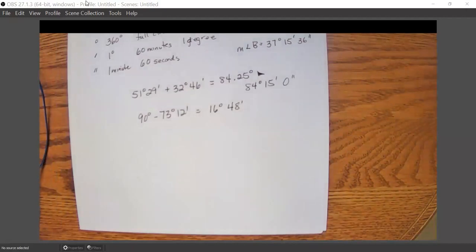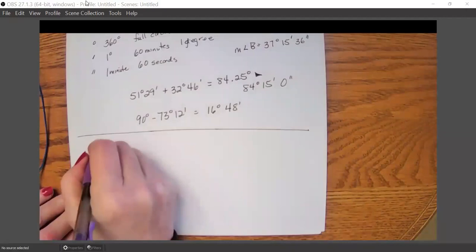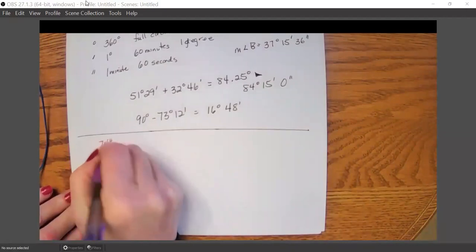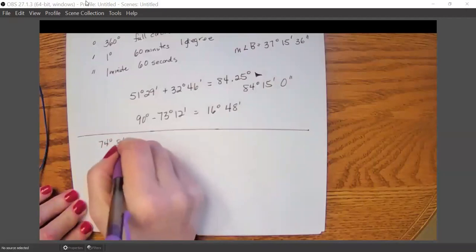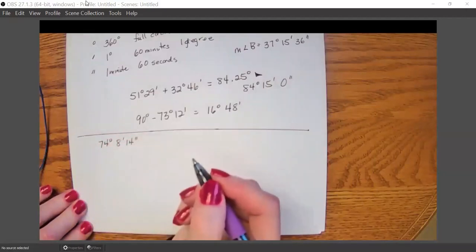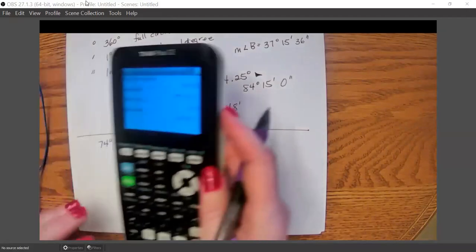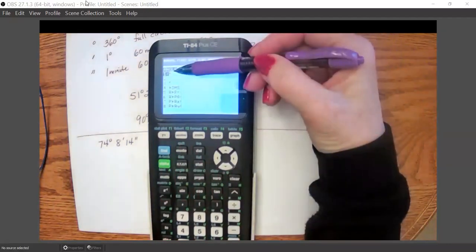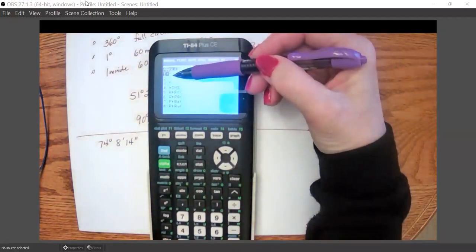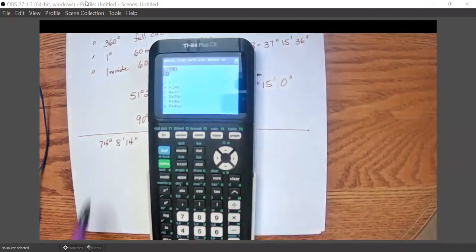So example 4 says they want us to convert 74 degrees, 8 minutes, 14 seconds into decimal degrees. All right, so on our angle menu, we do have degrees and we do have minutes, but notice we don't have the two little ticks that stand for seconds.